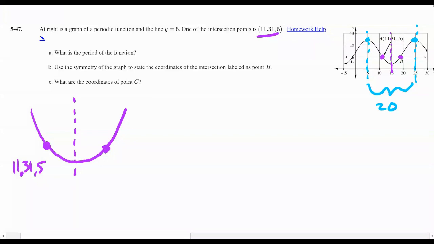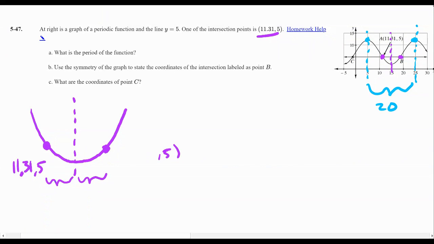On the other side of the line of symmetry, it's going to be the same distance from the line, and the y value has to be the same, so it's going to be something comma 5 for sure. But I need to figure out the distance between these two points.